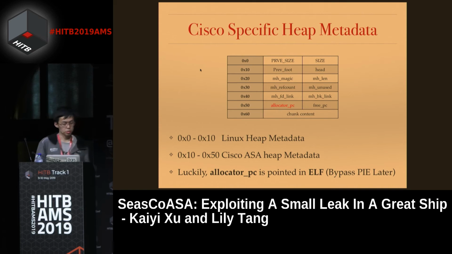From 0 to 0x10 is the Linux heap metadata, and from 0x10 to 0x50 is the Cisco ASA metadata. This is very complicated, and there are many pointers here. Luckily, there is a very important pointer which can help us leak the address of the ELF. It is the allocate PC, which points to an address in the ELF. This can help us bypass PIE later.